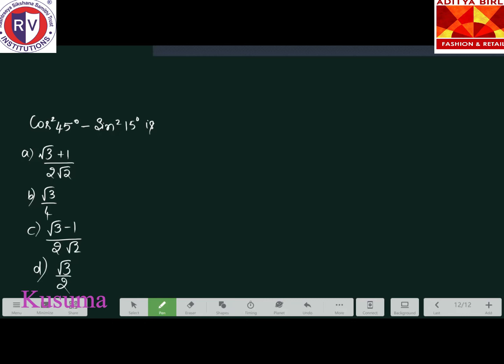Okay, so let us see the solution. We have cos square alpha minus sin square beta.